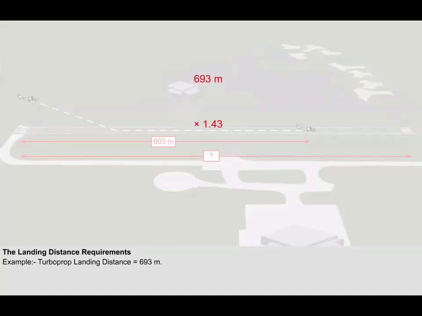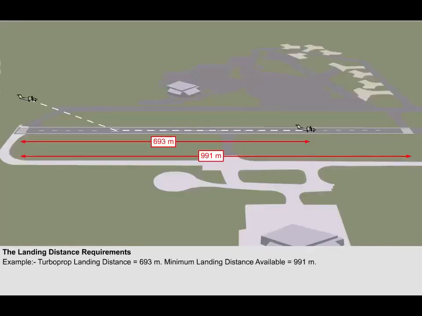Therefore, multiply 693 meters by 1.43. This gives an answer of 991 meters. Therefore, if the runway is 991 meters or more, the aeroplane is landing within 70% of it.